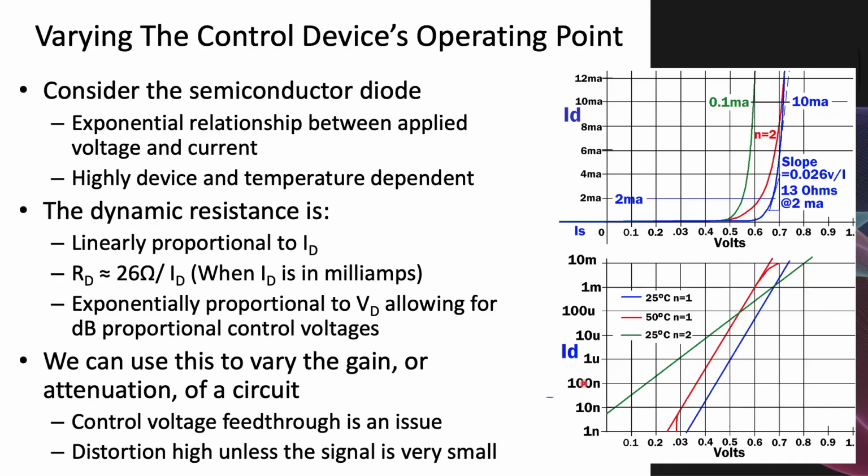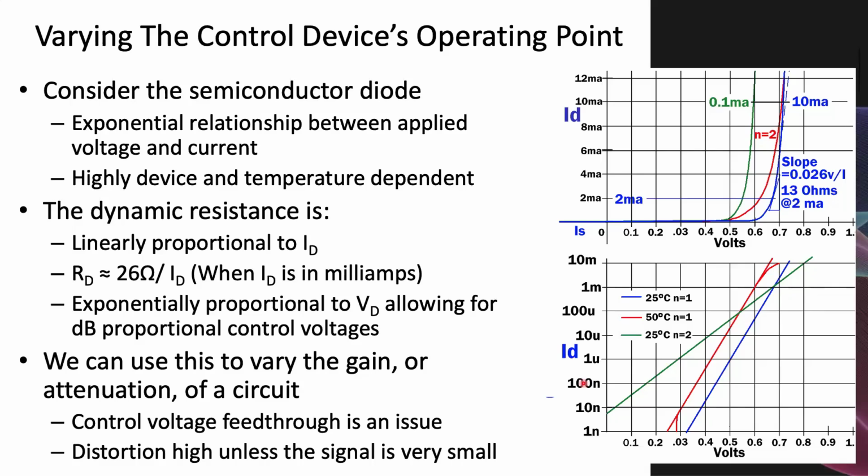Unfortunately, the actual dynamic resistance is very temperature dependent. It's linearly proportional to the diode current, approximately 26 ohms divided by ID, or exponentially proportional to diode voltage, which allows you a dB proportional control voltage if you want one.